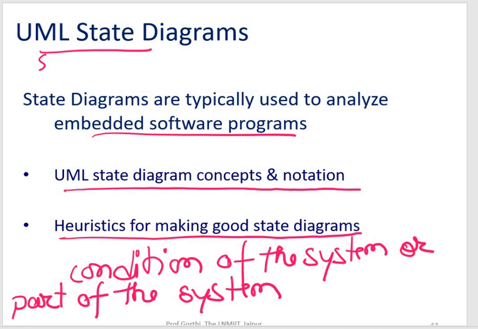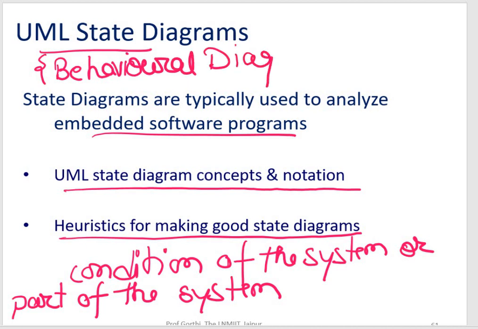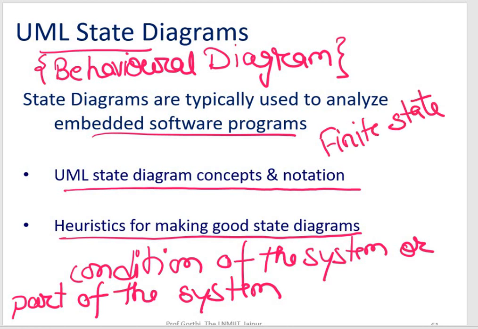So a state diagram is used to represent the condition of the system or part of the system at a finite instance of time.